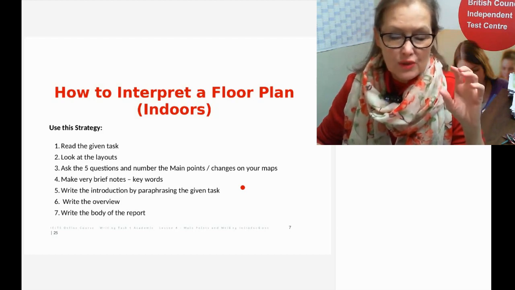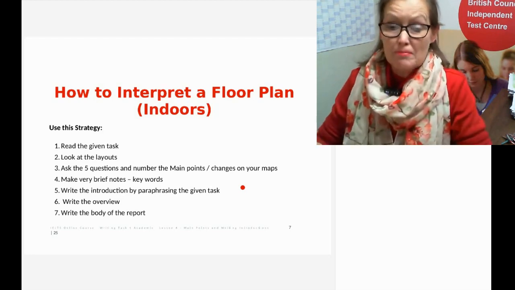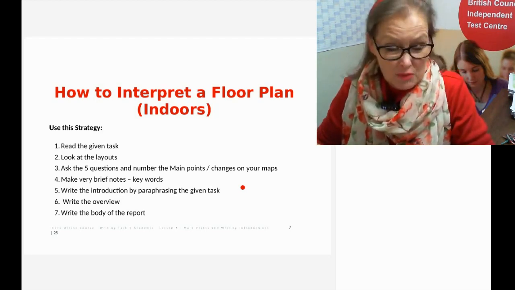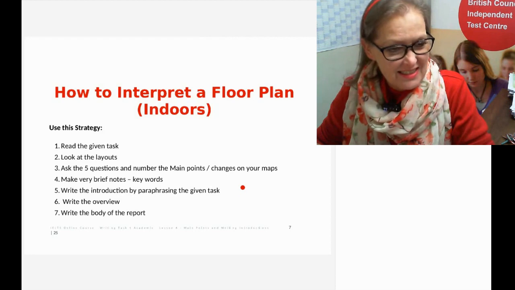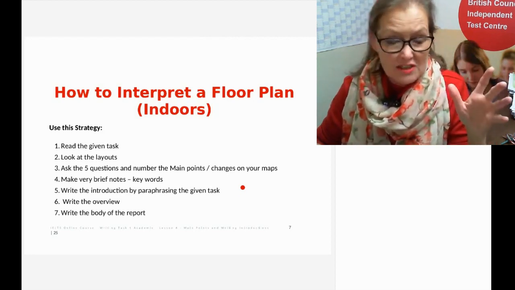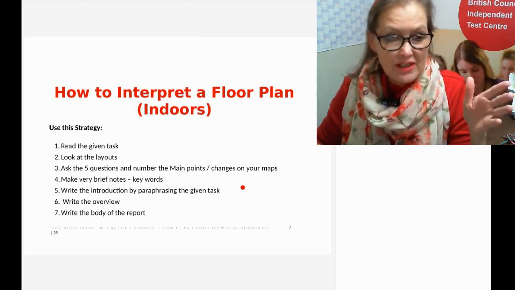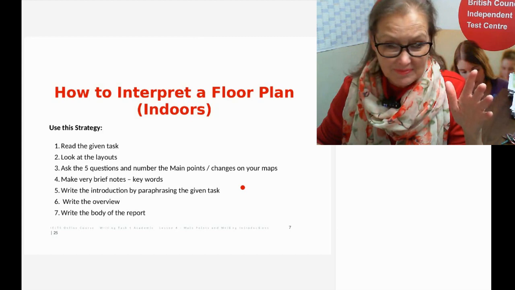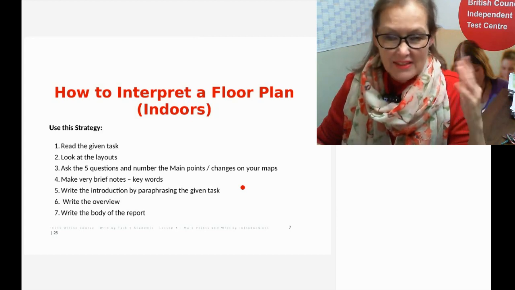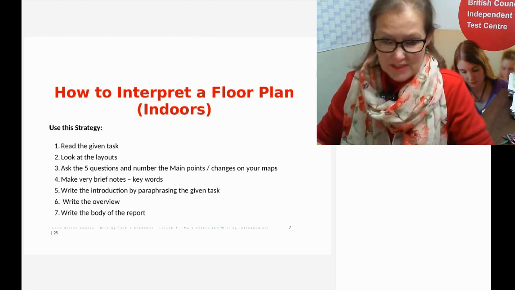So make sure you only spend 15 to 20 minutes at the most writing your task 1. And this takes practice, which is why I've worked out these little strategies and these questions, so that when you practice, you do the same thing again and again. And that way you get it fast and you get it accurate.